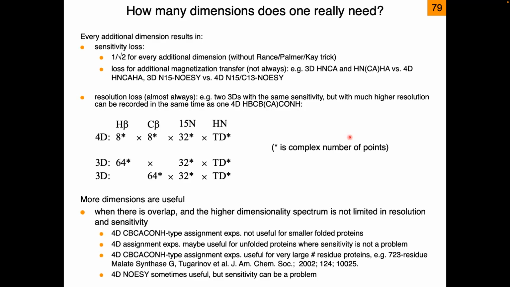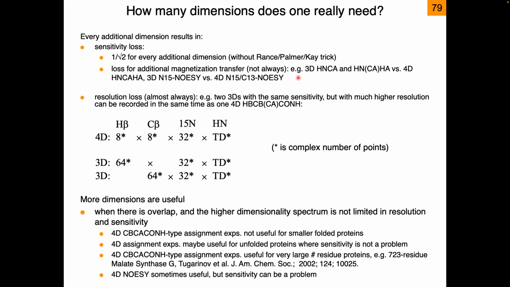You could even do 5 dimensions, recording the CO also, because this is all on the pathway. It doesn't cost anything for the transfer. But then you have to think whether it really helps you for anything. And in most cases, it doesn't help you.